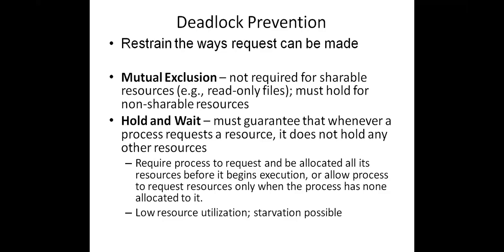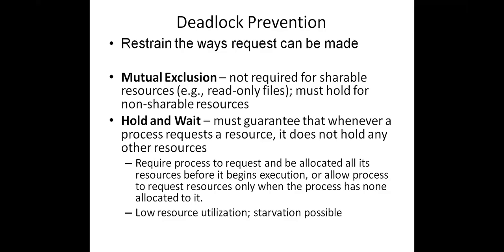What is mutual exclusion? Only one process needs to use the resource at a time. But if it is a shareable resource, more processes can use the resource at the same time. Here the example is a file. A file can be read by any number of processes. Why? Because the file is a shareable resource.